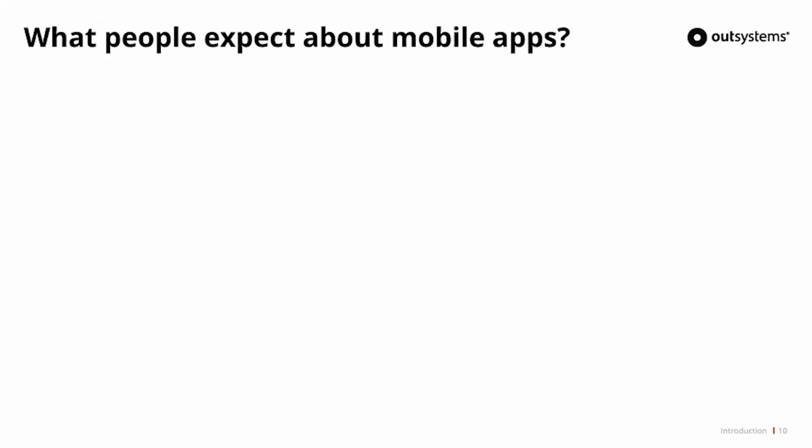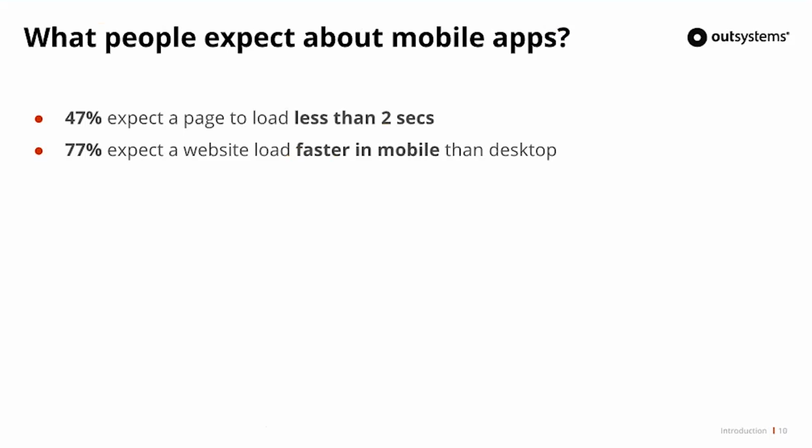So what do people expect about mobile applications? Well, 47%, almost half of them, expect a page load in less than 2 seconds, and 77% expect a website to load faster in a mobile application. And I'm one of those guys.